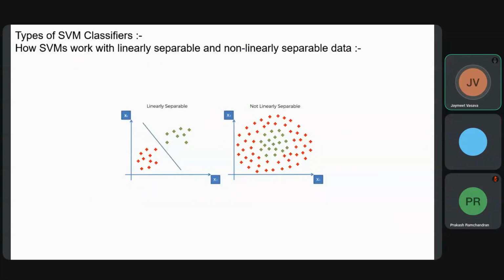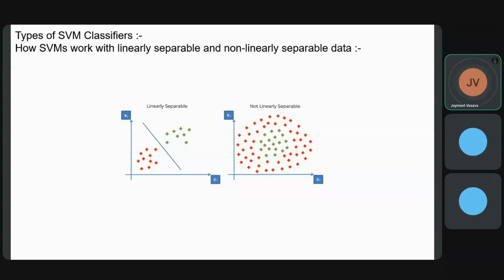Now we'll be discussing the types of SVM classifiers. First, you can see that till now we have discussed SVM in the image that is shown on the left. That is linearly separable data points. We can easily find, easy or not, but we can find a line that can separate the two classes completely.